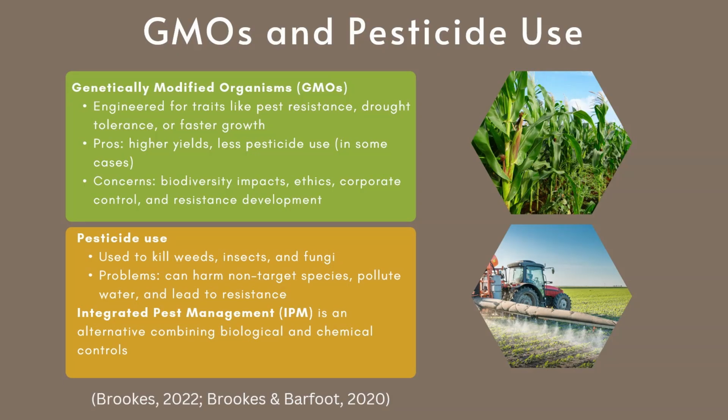Instead of relying solely on one pesticide, IPM emphasizes monitoring pest populations, using natural predators, rotating crops, altering plant schedules, and applying chemicals only when necessary and in the most targeted ways. The goal is not to eliminate all pests, but to keep their populations below damaging levels while protecting our ecosystems, slowing the development of resistance, and reducing reliance on chemical inputs.